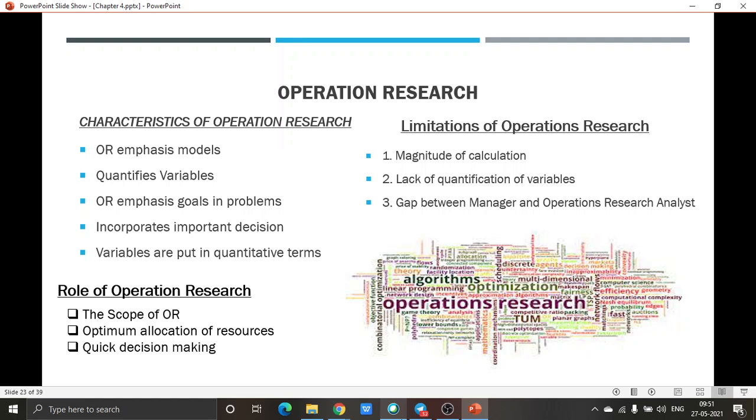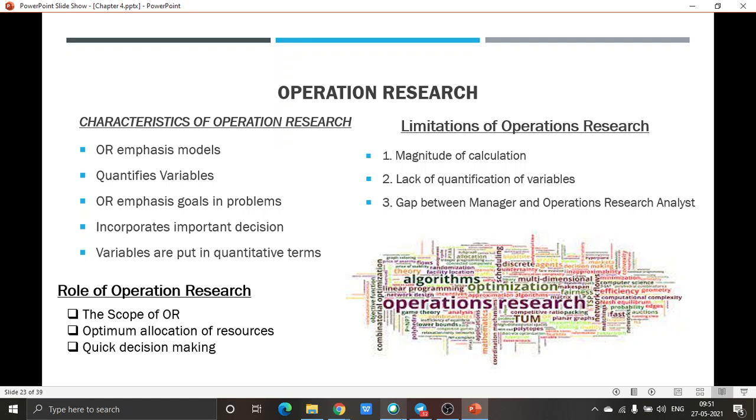So from this we can make out some of the characteristics of operation research. The first one is that operation research gives importance to models, that is, the logical and physical presentation of a reality or problem. The model could be a representation of objects, a process, a system, or even events.